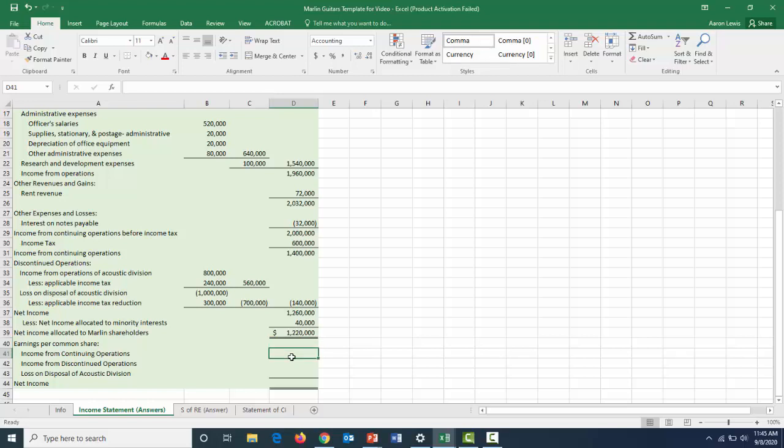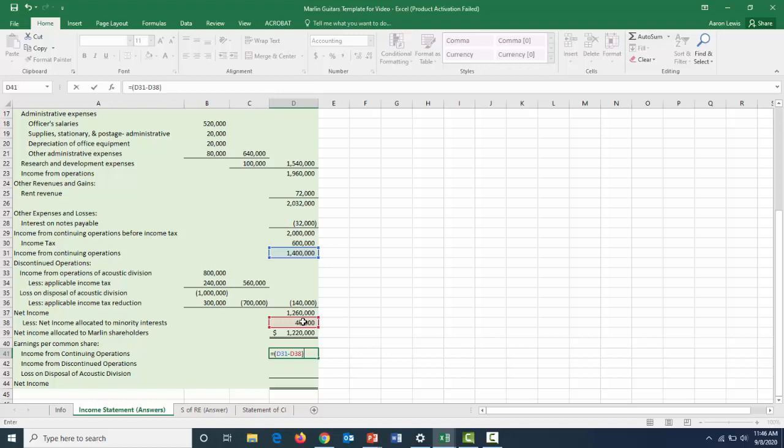For this, we are going to take our income from continuing operations, but then we got to subtract out the portion of it which is allocated to this minority interest. And after we've done that, that's the amount of income from continuing operations that we can have for our shareholders.